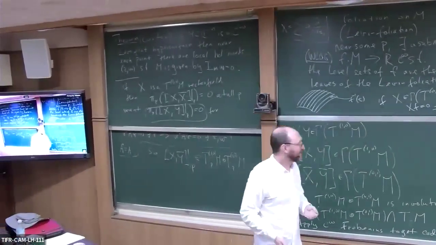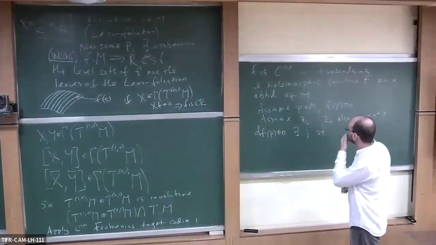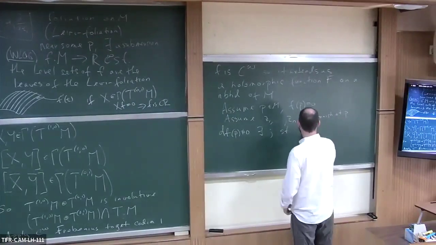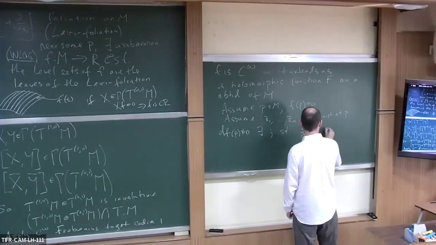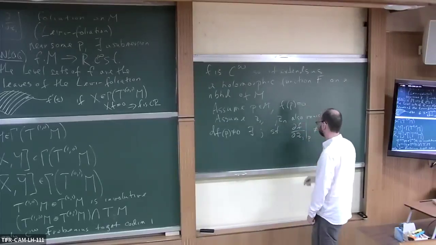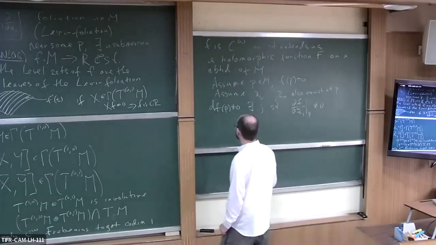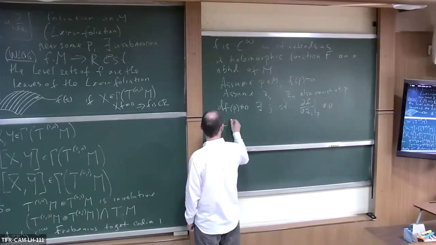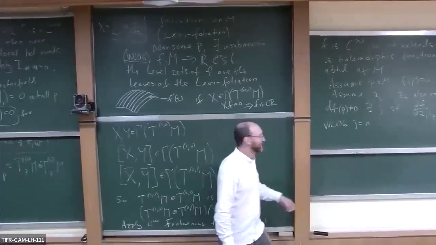So I can assume that there exists a J such that df dzj at p is not zero. Without loss of generality J is n.